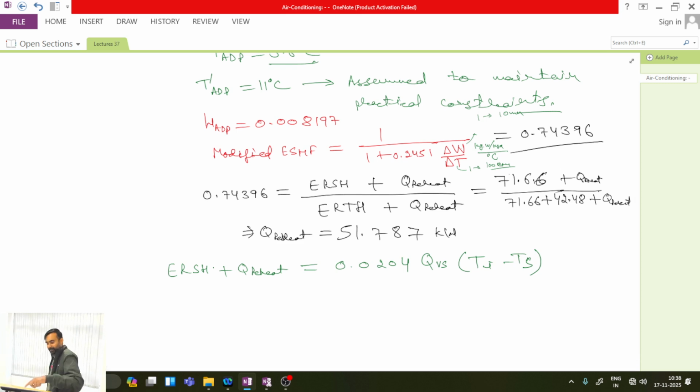When that multiplication factor comes in, your value comes as 245. If you don't account for that conversion factor in terms of length scale, then in delta W by delta T you have to multiply that number. Is this point clear or not?